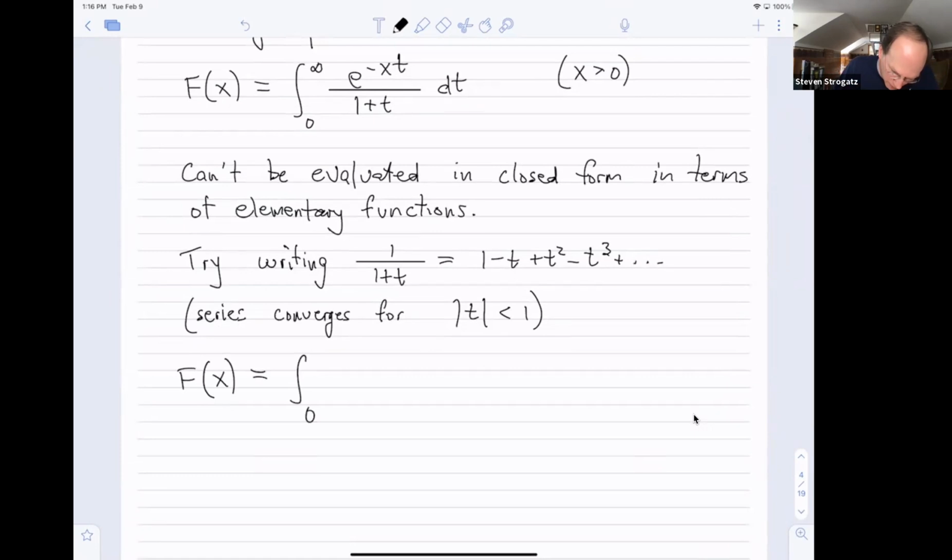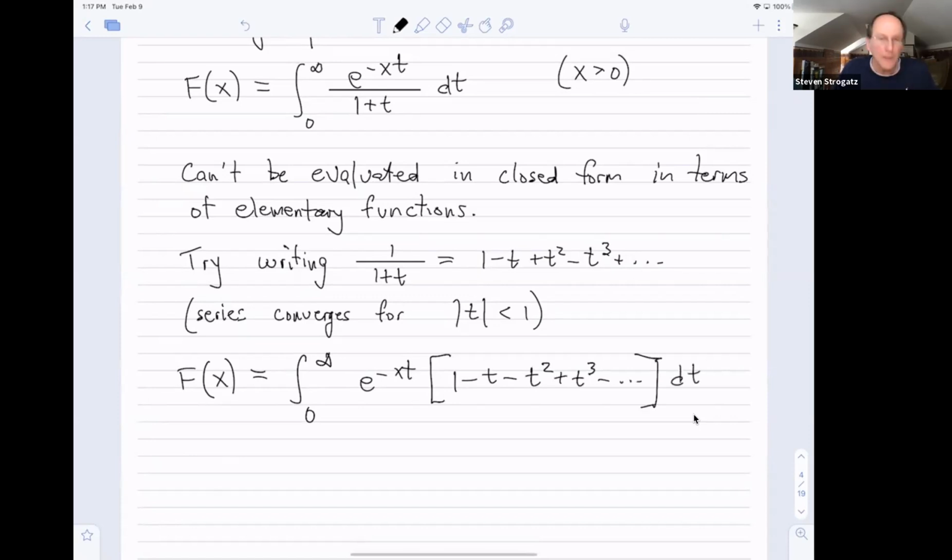We're going 0 to infinity, e to the minus xt, and then replace the other expression with this series and integrate term by term. Really Wild West style here.